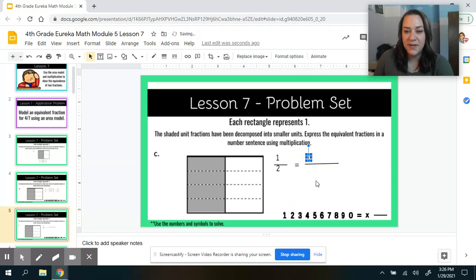I'm trying to go a little bit faster. But you get what we're trying to do. So I'm going to take 1 times 4 and 2 times 4, and that should give us the 4/8 that's represented after they decomposed.